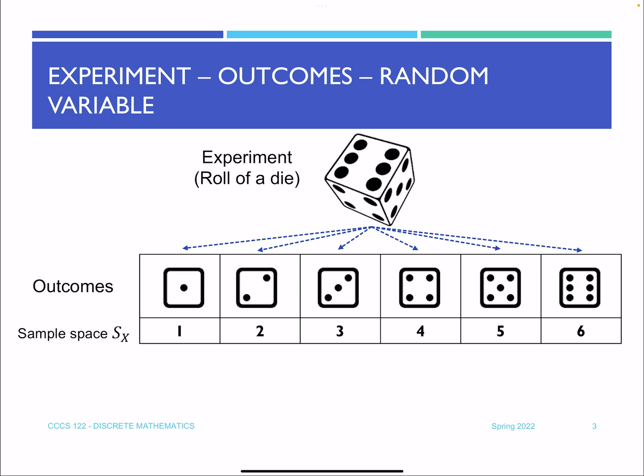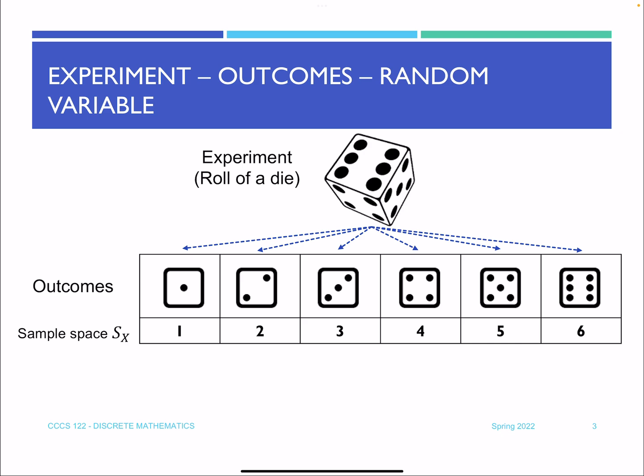And that's what we do as well. And the numbers associated with outcomes are what make up the sample space. Sometimes we'll also refer to the set of all possible outcomes, meaning those 6 figures that you see on top, as the sample space.